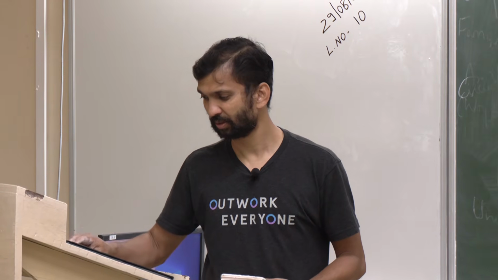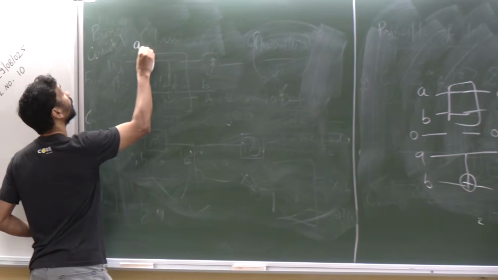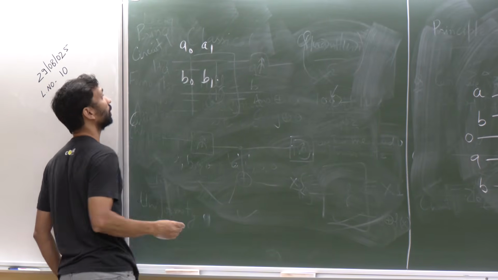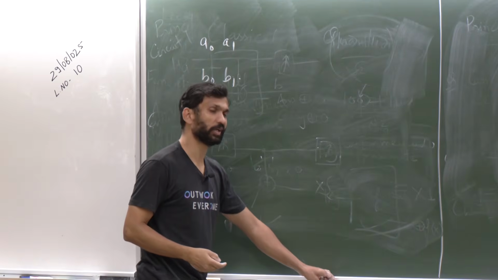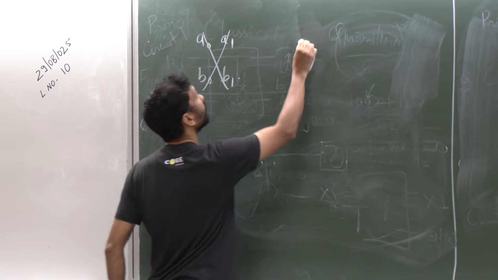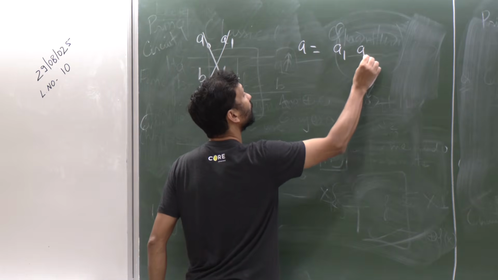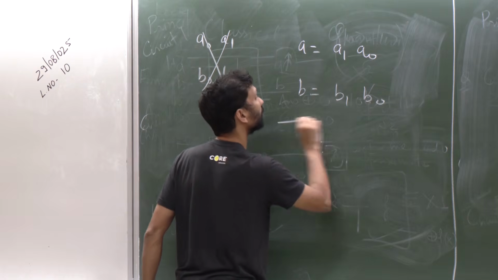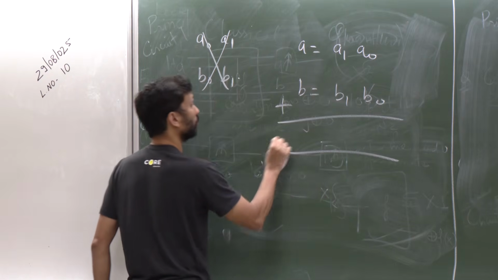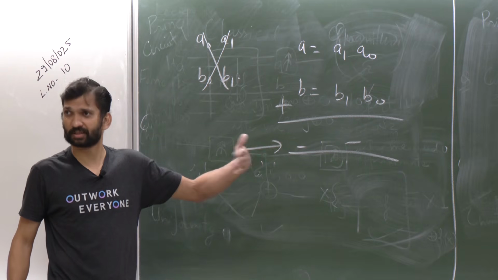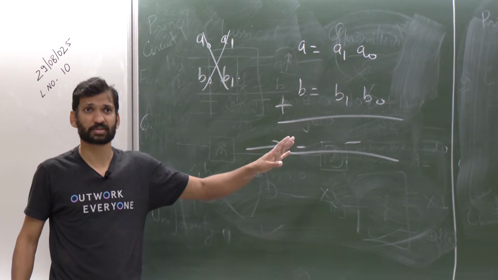So you want to add A0, A1. Okay, I shouldn't write it this way. You have a number A, you have a number B, you want to add and give the output. You can take the half adder as a black box.